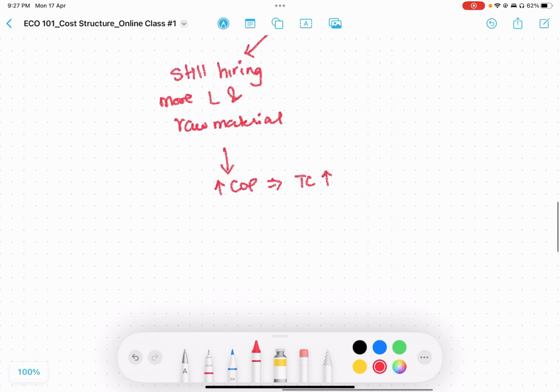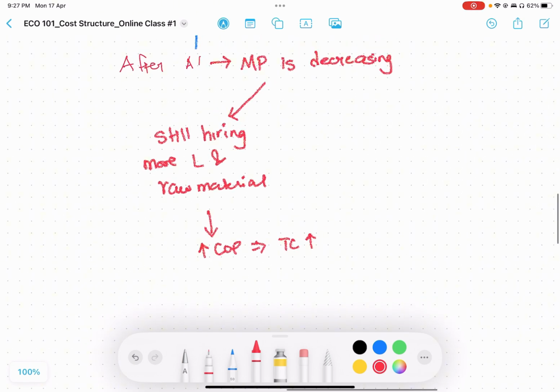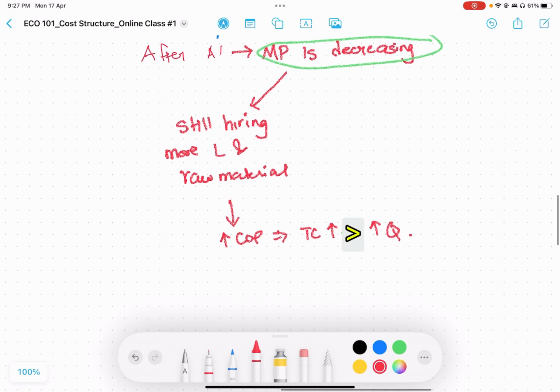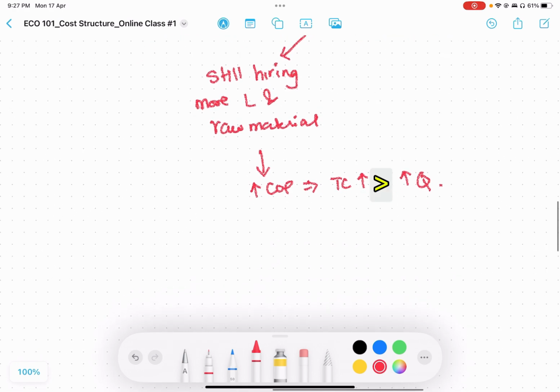But now, because of diminishing returns, the increase in total cost is going to be much more than the increase in output. The increase in quantity isn't going to be that much, and so the rise in total cost ends up being more than the rise in quantity.